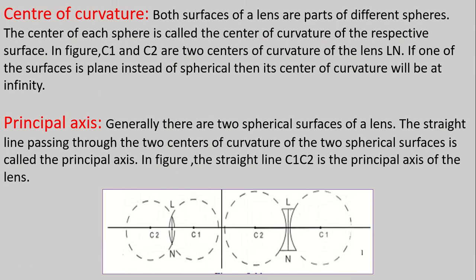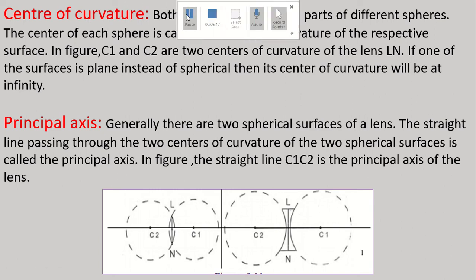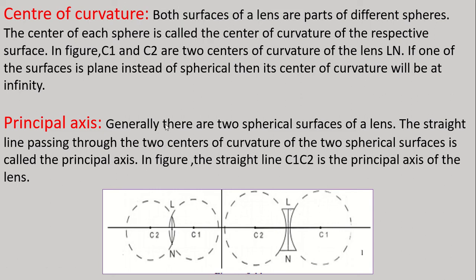So at first, center of curvature. Both surfaces of a lens are parts of different spheres. You know, lens is a portion of transparent medium bounded by two spherical surfaces. Look here, this is one sphere and this is another sphere.